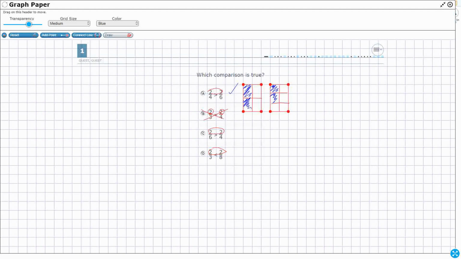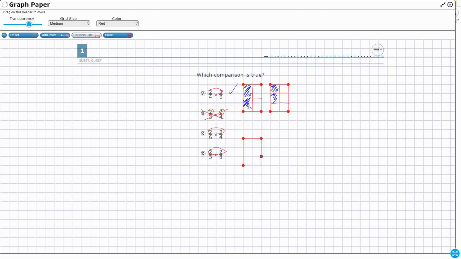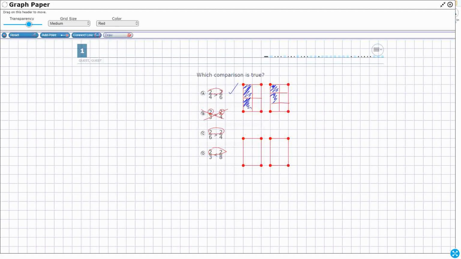Now we can look at the same thing for thirds and eighths if we want to. Right, so let's draw that same thing just so we can compare apples and apples. And on the STAAR test, they can use this connect line feature if they want to do this, but they can actually compare without that. So here's my thirds.